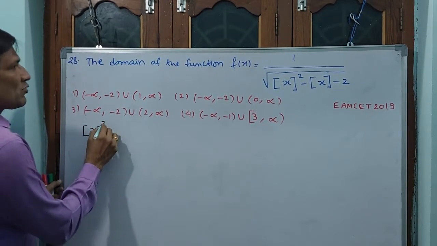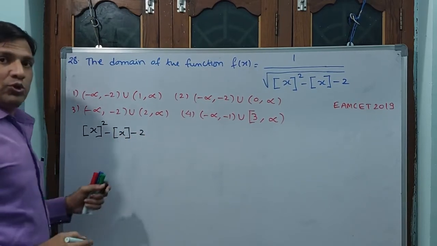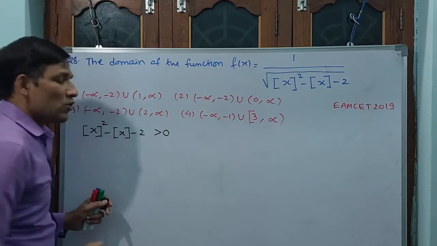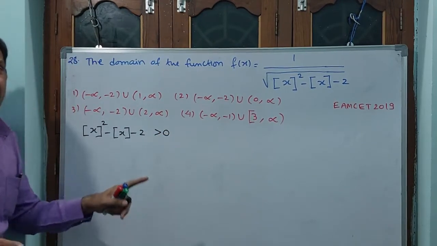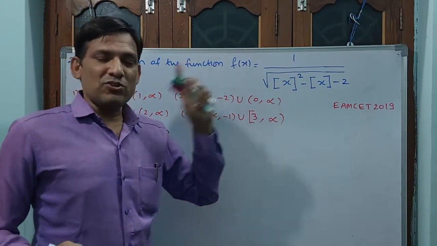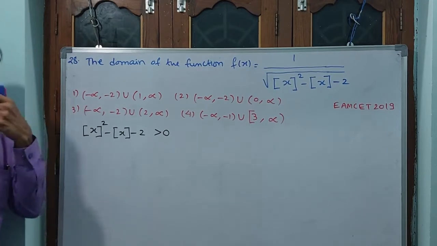Greatest integer x square minus greatest integer x minus 2 should be greater than 0. Equal to 0 you should not write here. Why? Because if it is equal to 0, then 1 divided by 0 it is going to become. That is why equal to 0 should not come. Only greater than 0 it should come.